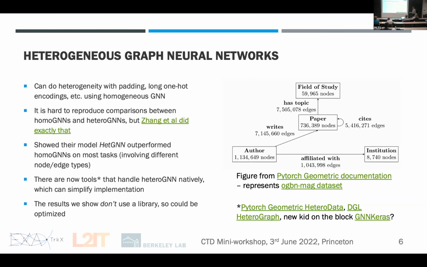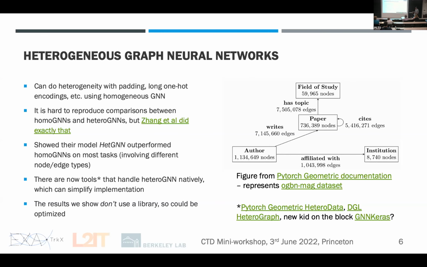And they showed that there was a lot of mythology in the literature that needed to be fixed, but basically they standardized a lot of these things and built a standard heterogeneous model that did indeed outperform embedded homogeneous models, if I can put it like that.